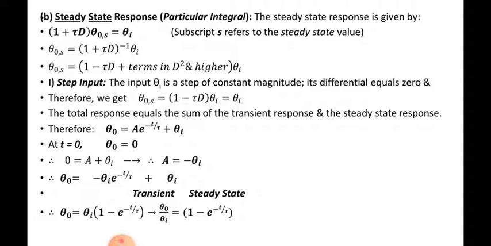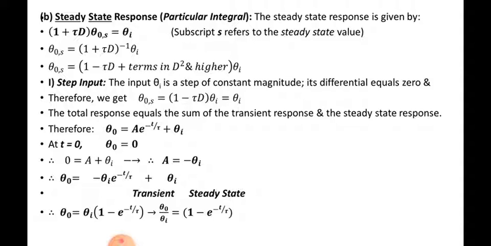Therefore theta 0 equals A e raised to minus t by tau plus theta I. At t equal to 0, theta 0 equals 0. Therefore 0 equals A plus theta I, which implies A equals minus theta I.